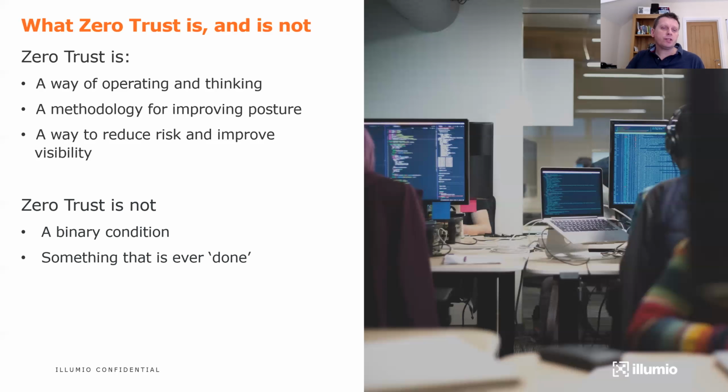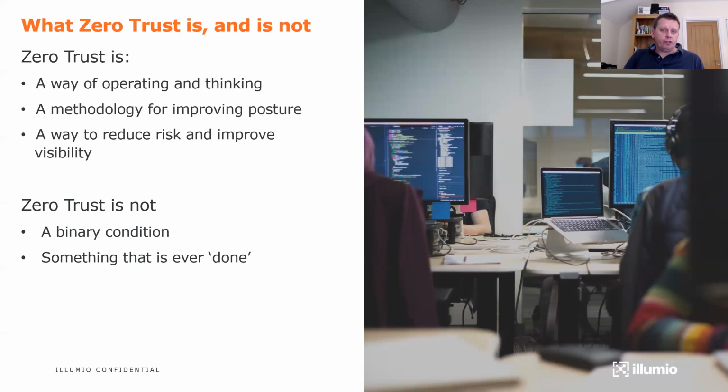What zero trust is not is a binary condition. It's not that yesterday you were not zero trust and today you are zero trust. It's not that you're going to be zero trust next week, or by the end of the year. It's a permanent and constant evolution towards a goal. As a result, it's never truly done, but that shouldn't put you off. The point of zero trust, as a methodology and as a philosophy, is to always be improving, to always be reaching for better quality and to reduce the attack surface.